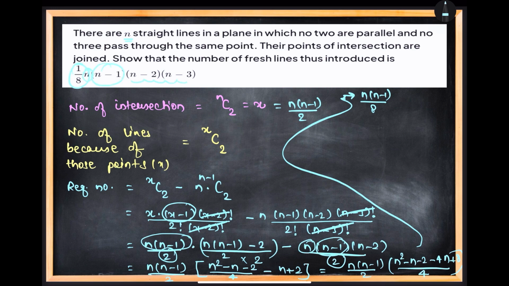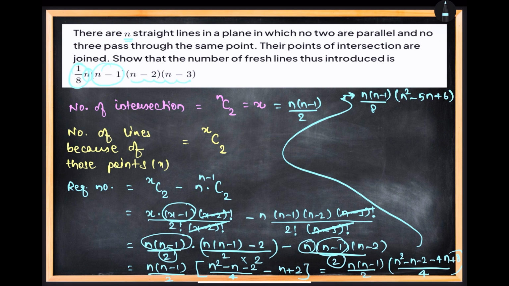We want this. So it is n square minus 5n plus 6. Yes, done, 3 twos are 6.